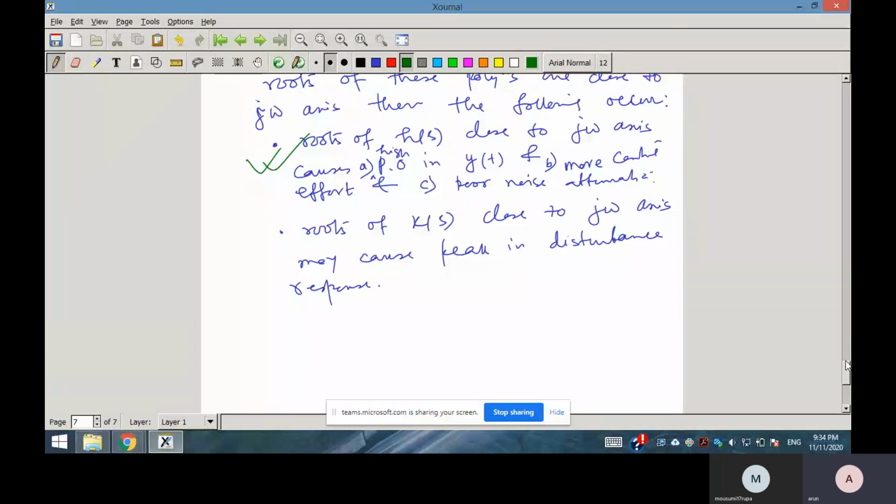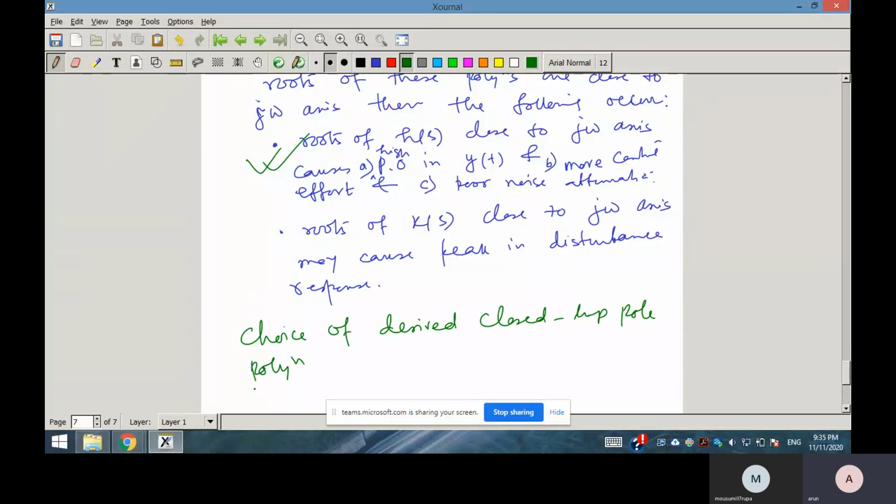So now, as I said, how to choose the desired closed loop pole polynomial? Some ad hoc method. No, I will not say ad hoc. Based on my own experience, I will just share with you the choice of the desired closed loop pole polynomial.